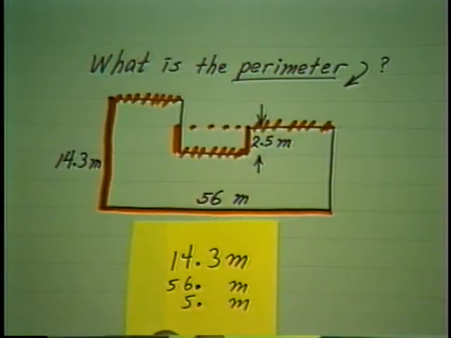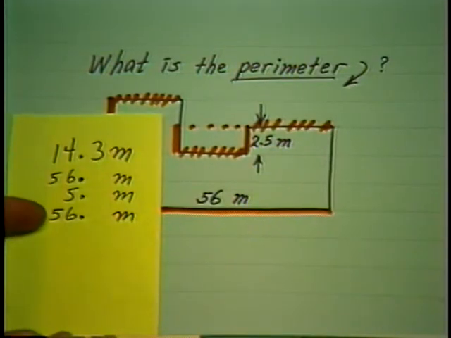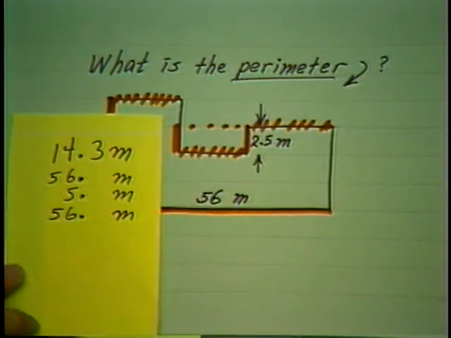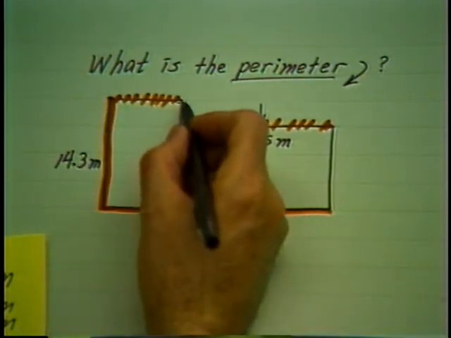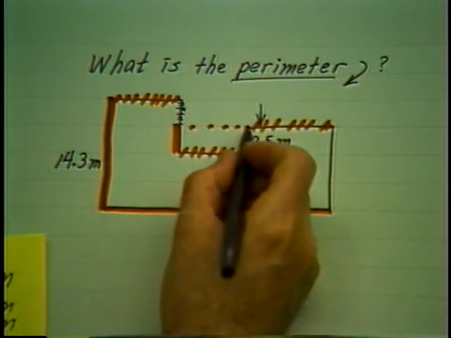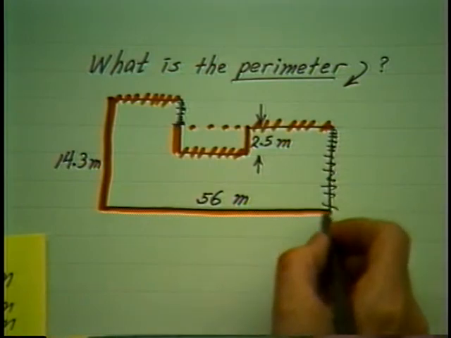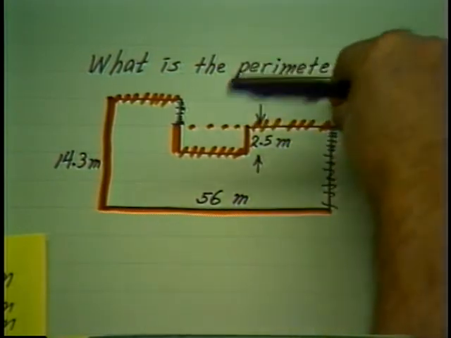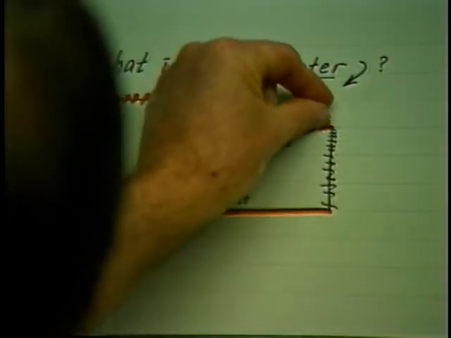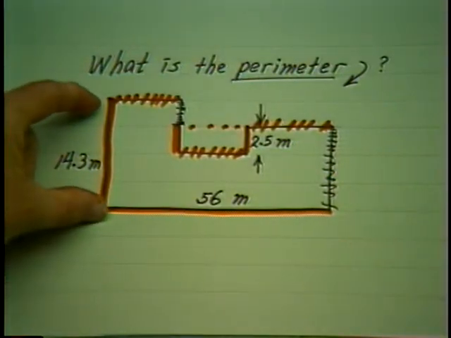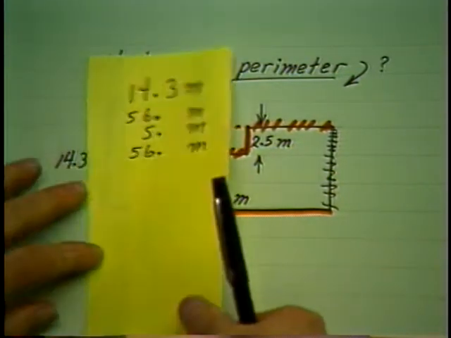So sometimes you have to be very clever and notice those things. So we have another 56 meters. Now can you see that with what's left we can do the same kind of thinking? Notice that this piece down to here and this piece down to here, that plus that plus that is equal to that. So we have another 14.3.